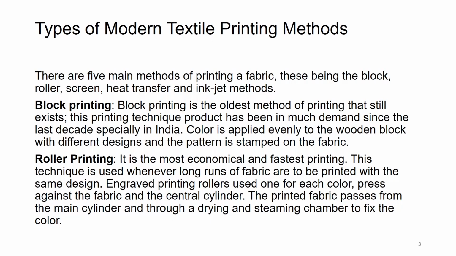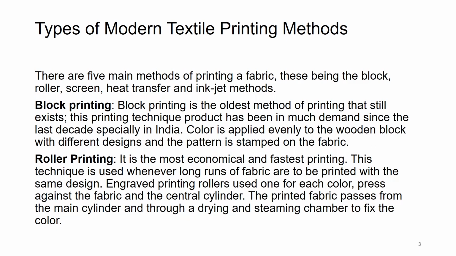Roller printing is the most economical and fastest printing. This technique is used whenever long runs of fabric are to be printed with the same design. So, you see that this printing method is for creating mass production.